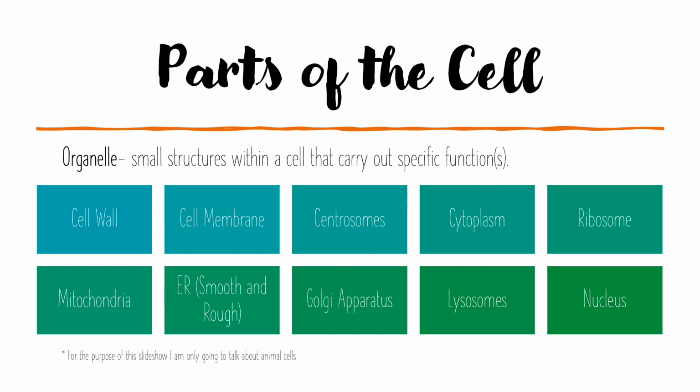When we are talking about cells, I want you to think of a cell like a factory. One part has the main instructions and tells everybody else what to do. One part takes the instructions and transports them to where they need to be, and then another part makes it, and then another part labels it for transportation, and then another part takes it and transports it where it needs to go.